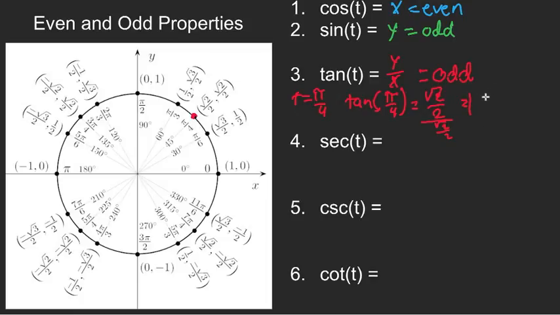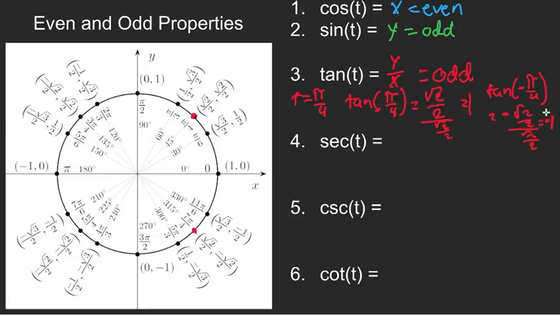Now let's take the negative value and look at the tangent of negative pi over 4, which is right here. So we can see that in this case the y value is negative. So this is going to equal negative root 2 over 2 over root 2 over 2, which equals negative 1.